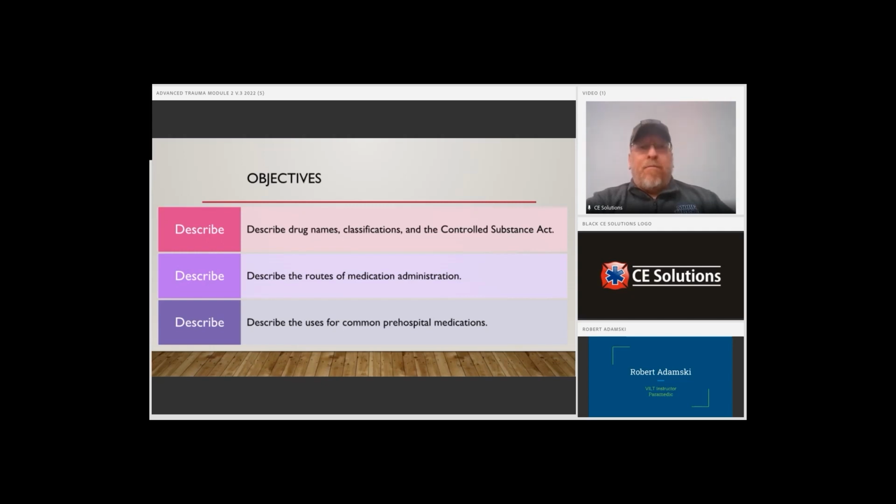Second, we're going to describe the routes of medication administration, which ones to use, and the advantages and disadvantages of each. And then finally, we're going to describe the uses for various categories of common pre-hospital medications.